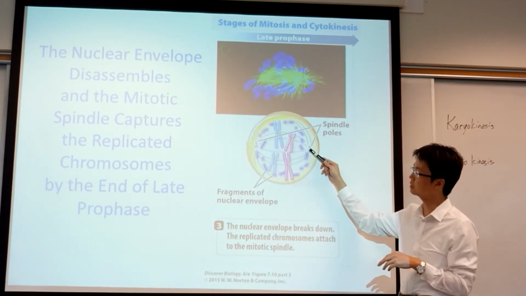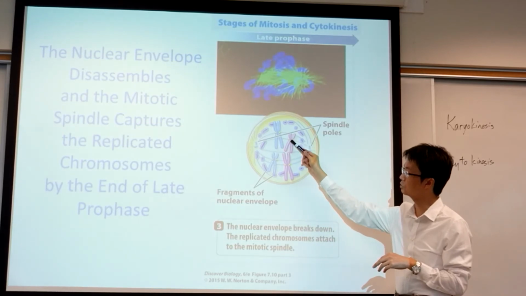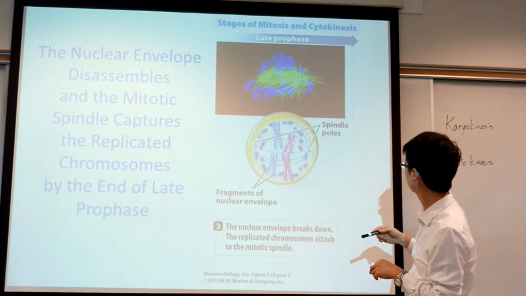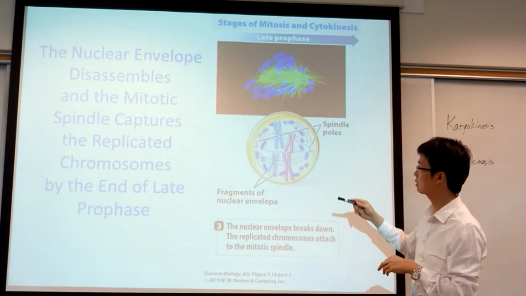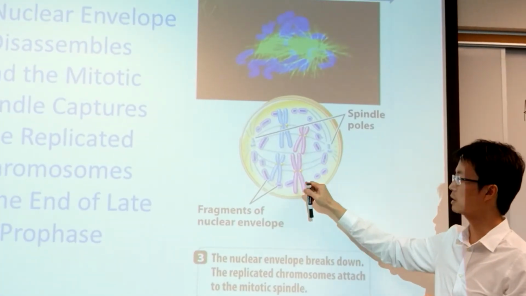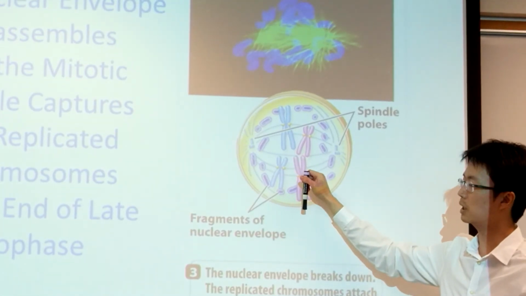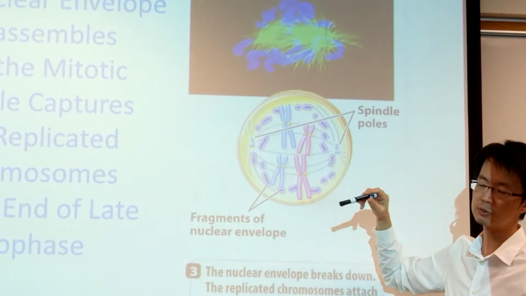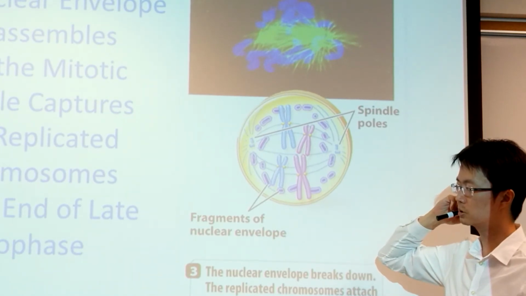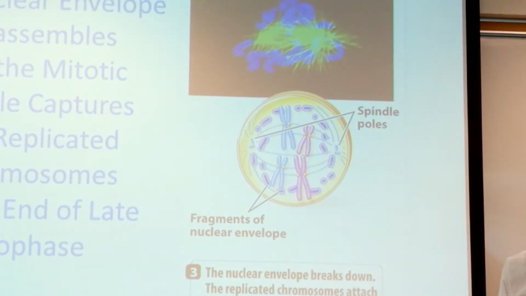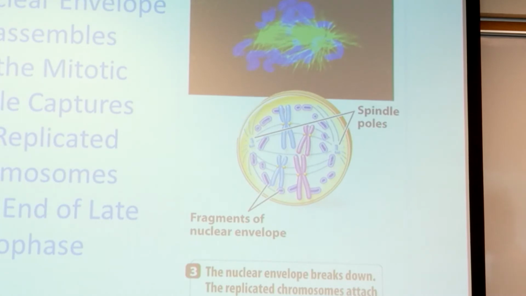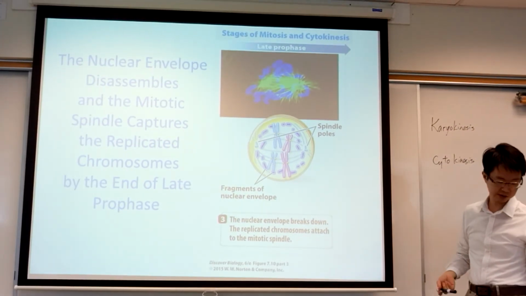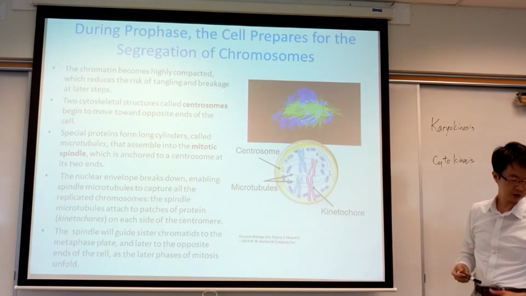In the prophase, the microtubule attaches to the centromere of the chromosome. As a reminder, the centromere is the ball-like structure in the chromosome. But again, the spindle attaching to a centromere is something that you cannot see from the microscope.